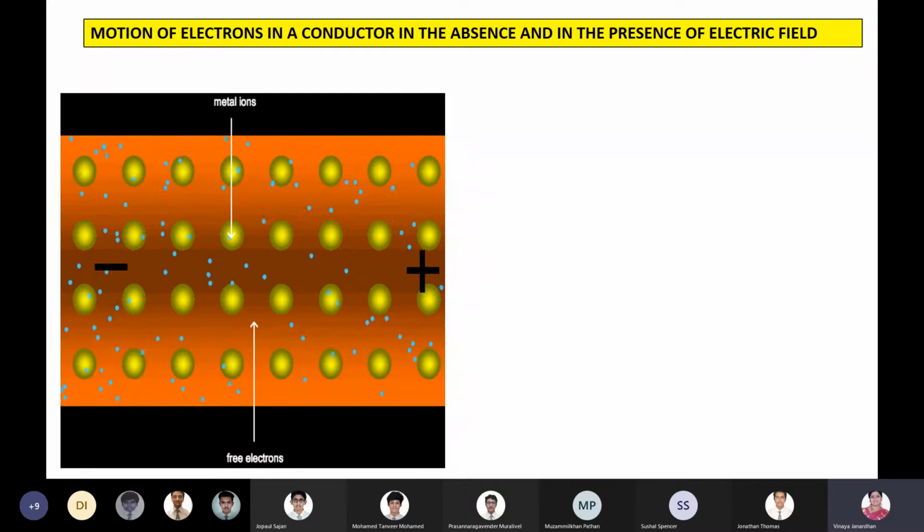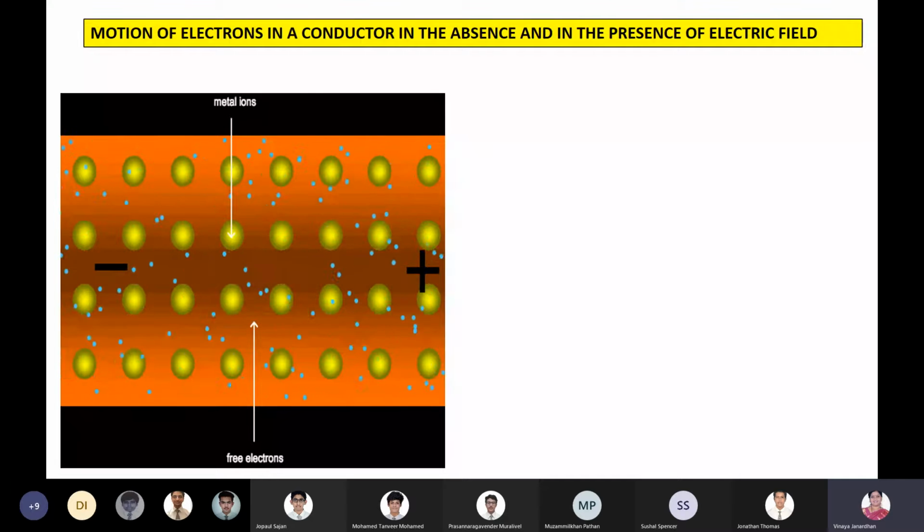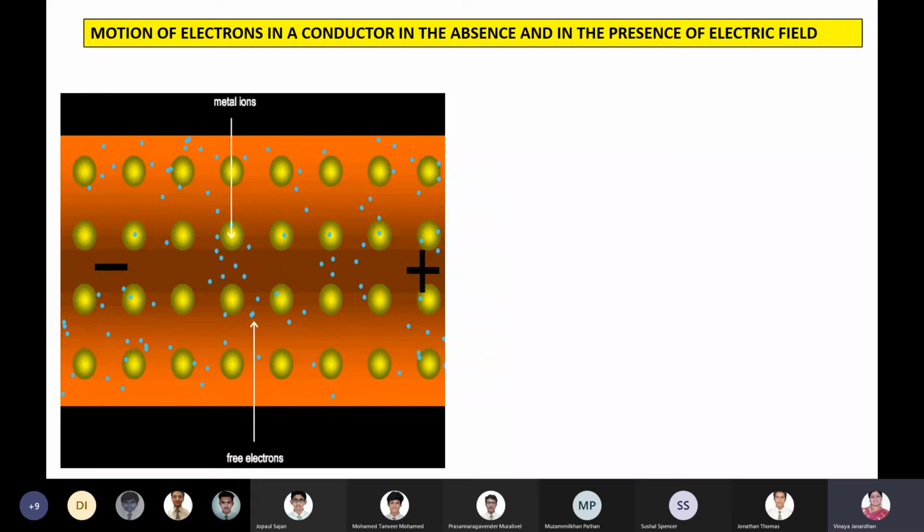So that's the reason the conductor is not able to conduct current. The current is not flowing through the metal because though the electrons are in motion, the electrons are in random motion.